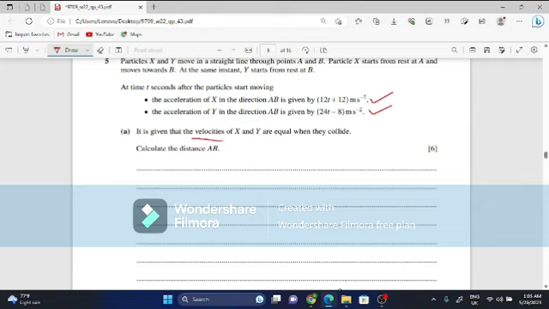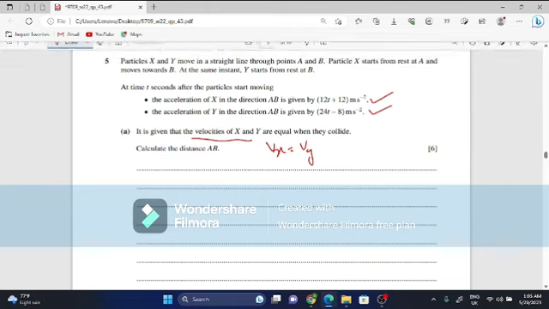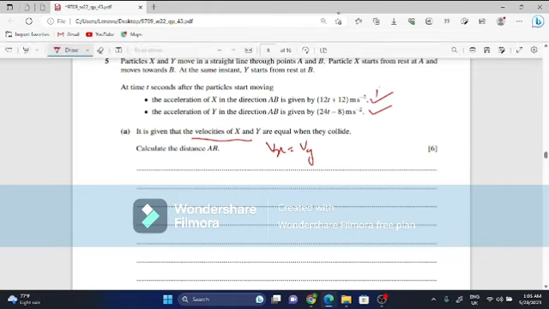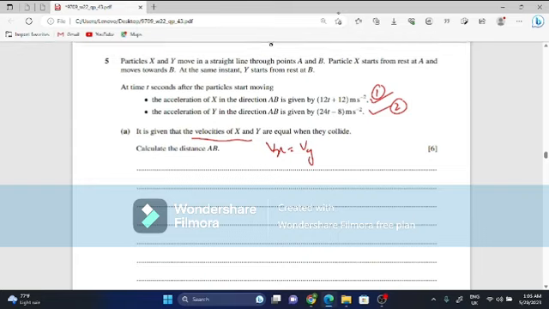Because the velocities of x and y are equal, it means that vx is equal to vy. In order to get velocities from the accelerations in expression number 1 and expression number 2, I have to integrate the acceleration, right?